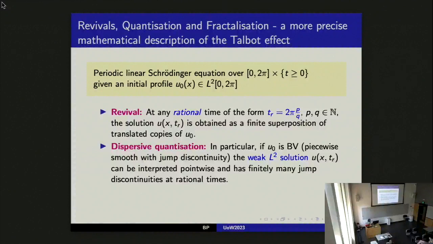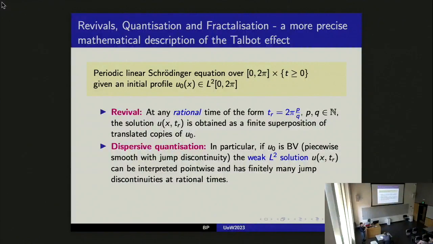If, in particular, your initial condition happens to have discontinuities, it's maybe piecewise smooth with finite or countable jump discontinuities, so that describes a bounded variation function, then, again, I stress the solution is only in the weak L2 sense, but it can be interpreted pointwise, and it has finitely many jump discontinuities. If you have finitely many jump discontinuities in the initial condition, that's what I will call dispersive quantization.